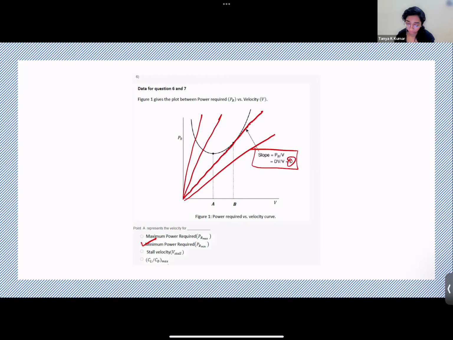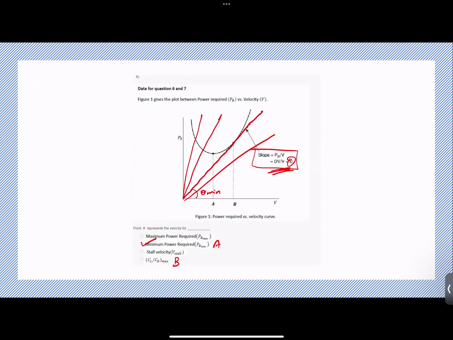This will be theta minimum. All the other thetas will be greater. And if it's less than this theta minimum, the line does not intersect with the graph. So the constant slope line which intersects with the graph with the least slope gives you the minimum thrust required. So that corresponds to CL by CD maximum. So this is point B and this is point A. That is the right answer.